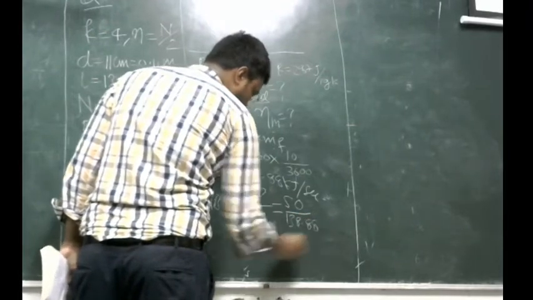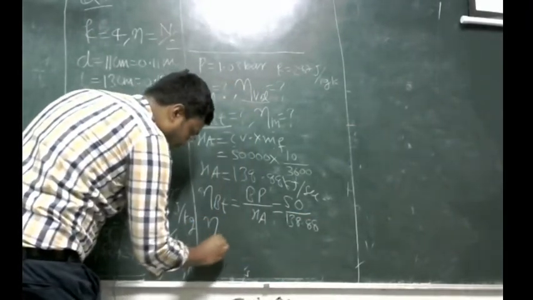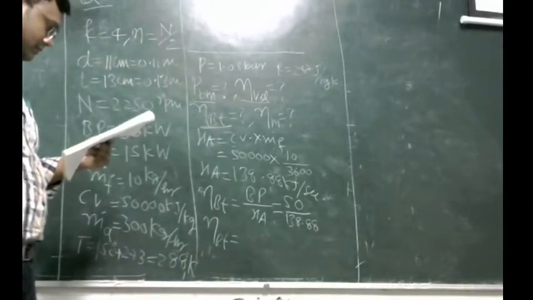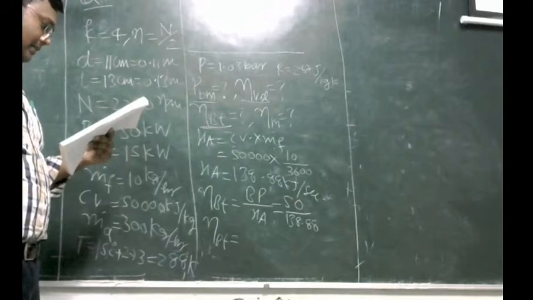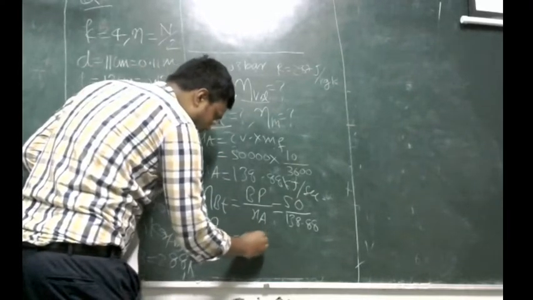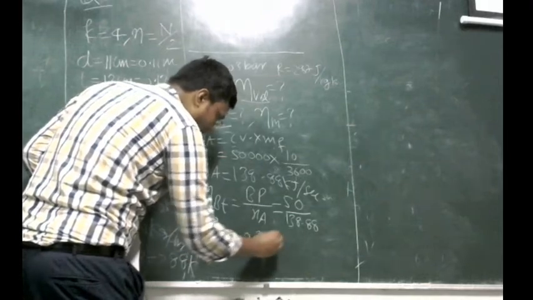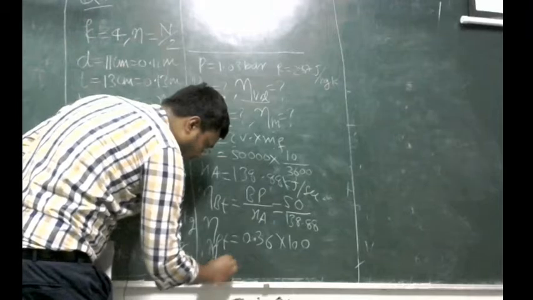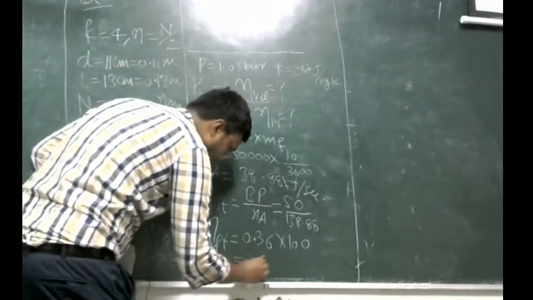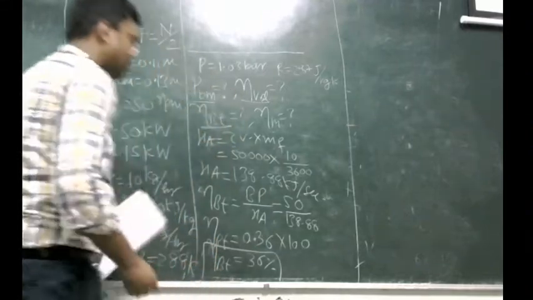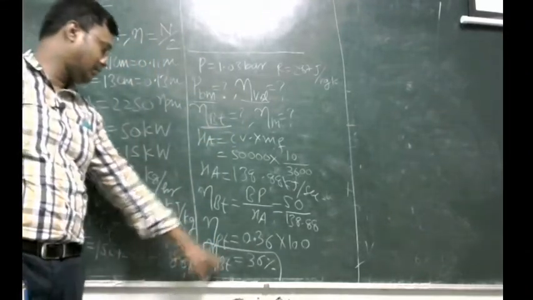So it will become equal to 0.36002, so 0.36. If we multiply here by 100, we get the answer in percentage. So eta bt is equal to 36%. Okay. So we get the value of brake thermal efficiency.